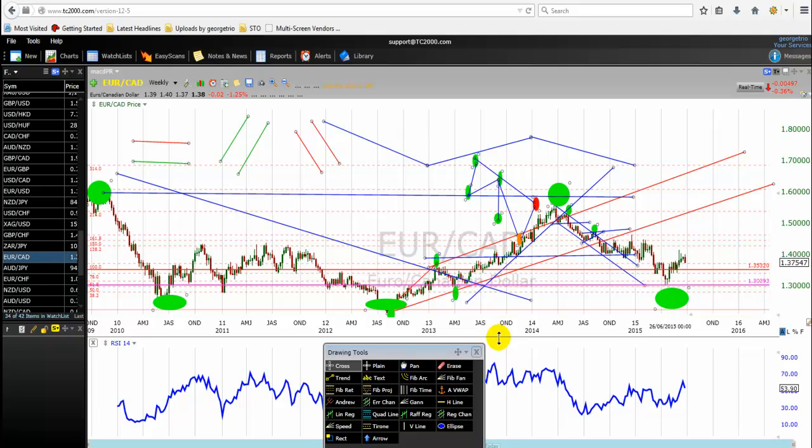But in order to avoid trading mistakes or to manage the risk, one must always validate the setup. So the strategy for trading the Euro-Canadian dollar using chart patterns is that one must always validate the setup or the chart pattern on the higher time frame. All right, it makes sense? It is also powerful.